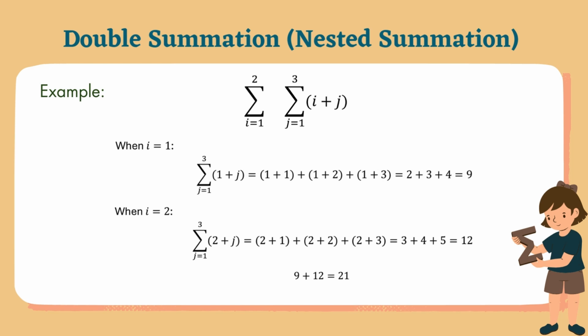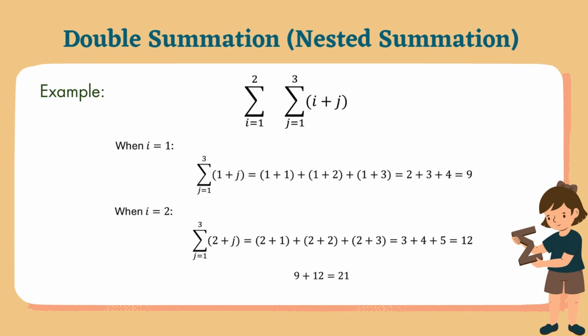So when we have the sum of the quantity 1 plus j from 1 to 3, because our i is 1, we have to substitute the 1 onto the i index.